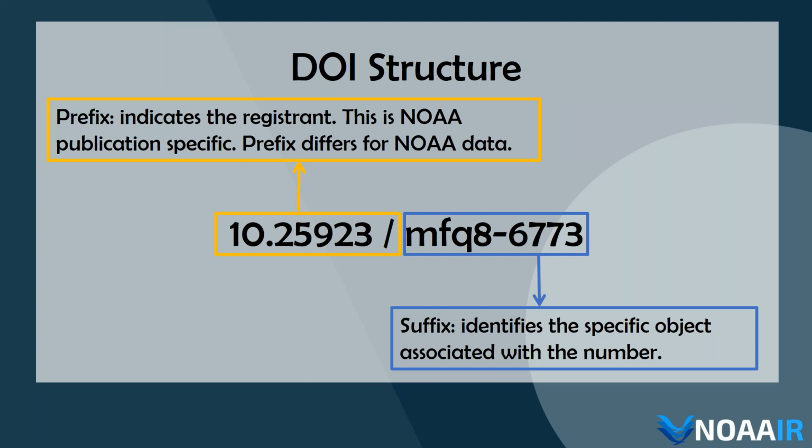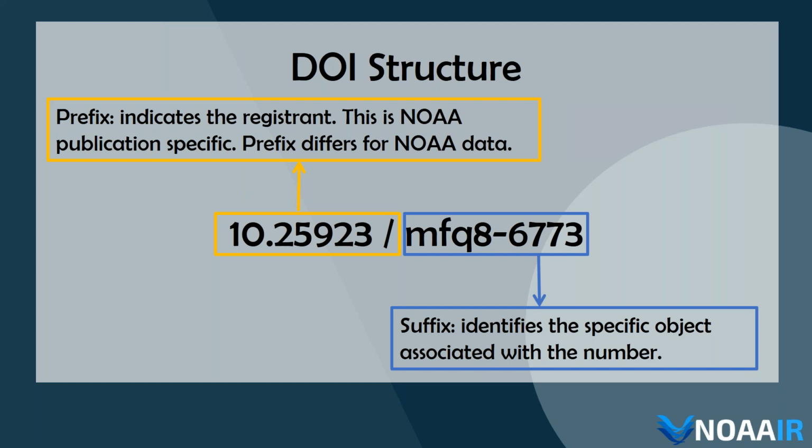NOAA assigns identifiers to data sets and publications, and those are differentiated by the prefix. So the NOAA data sets have a different prefix. So when you see this 10.25923, know that that's a publication.